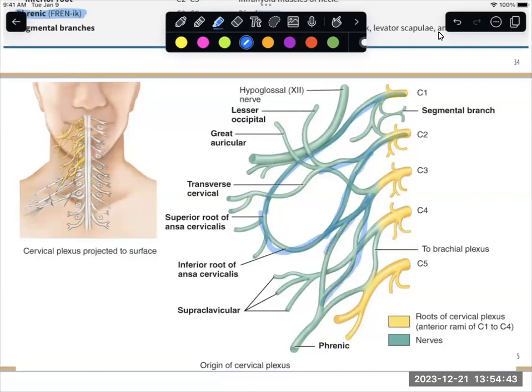That C3 here, C4, C5. Now we have our phrenic nerve. So you can see how these branches all come together, break apart, come together different ways to form all of these different nerves off of the cervical plexus. The main nerve that you really need to know is that phrenic nerve.